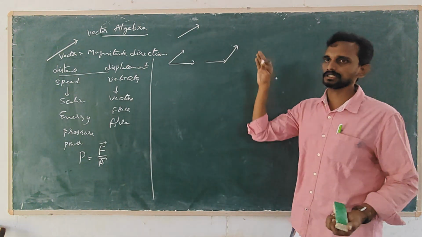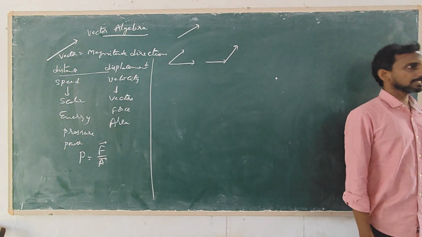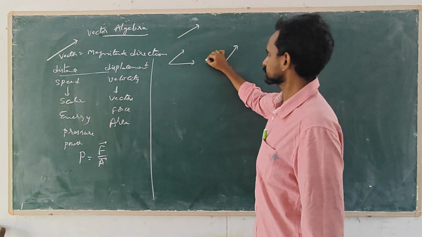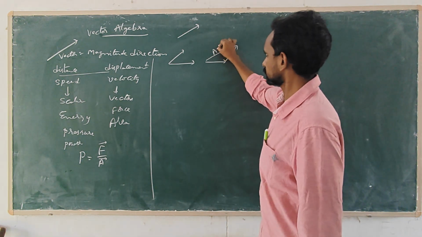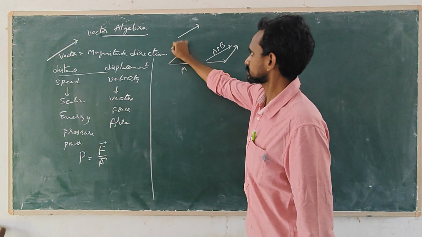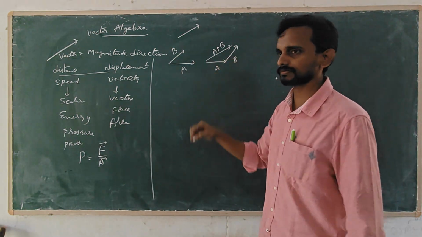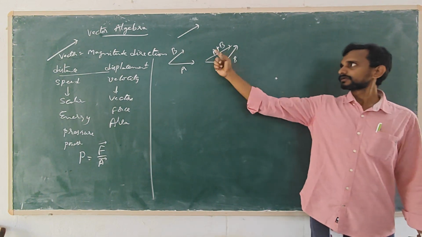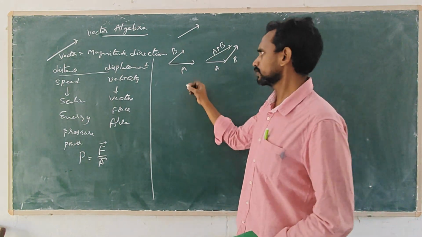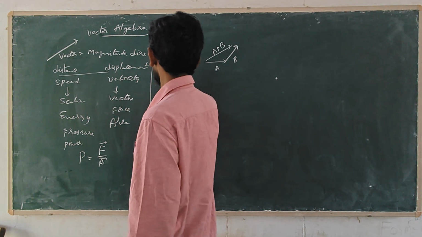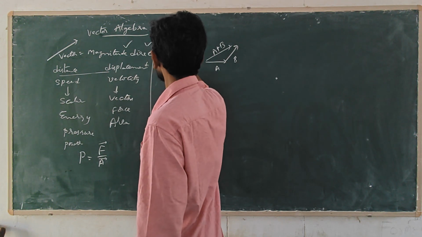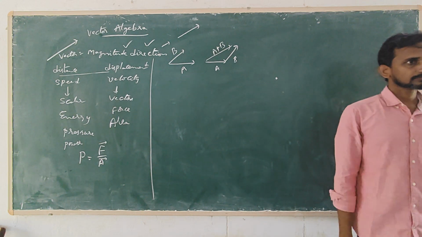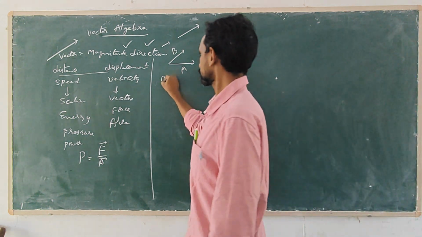You shift this vector and connect the vectors head to tail, and if you join the first tail and last head, that is the result of sum of two vectors. So all these are possible only when you obey that rule. So as long as magnitude and direction remains constant, vector properties will not change. Okay. What is the rule?